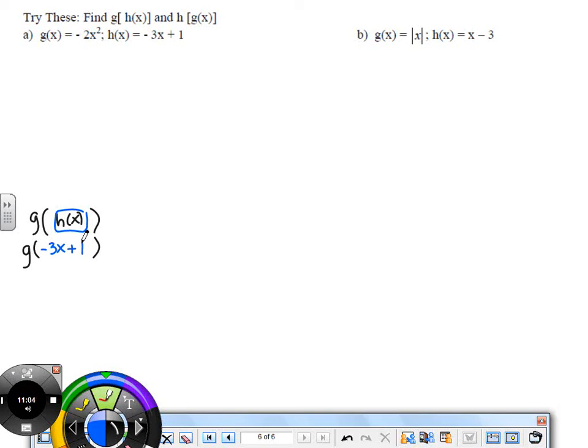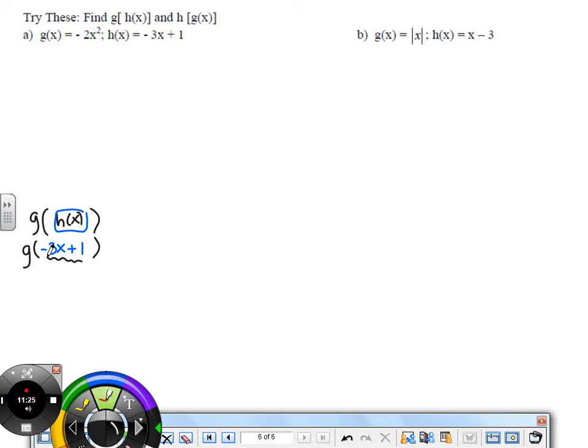Now that whole group of stuff, just like if you were calculating g of 5, you would just plug 5 in everywhere x was. It doesn't matter how complicated I make all this stuff you're plugging in. You're following the same procedure. You're going to take the g function and plug this negative 3x plus 1 in where x is.